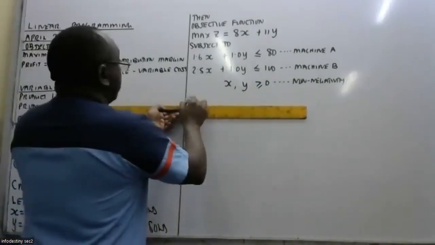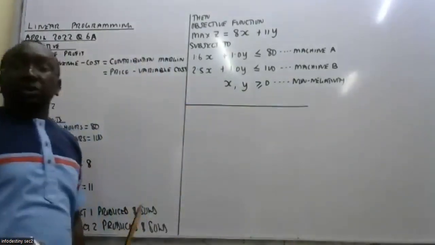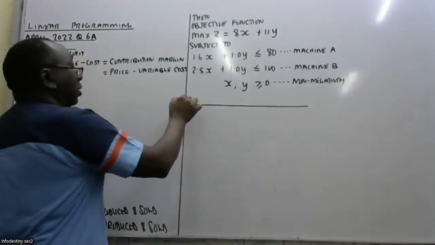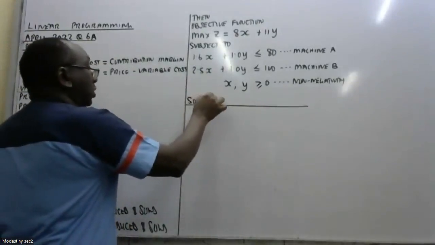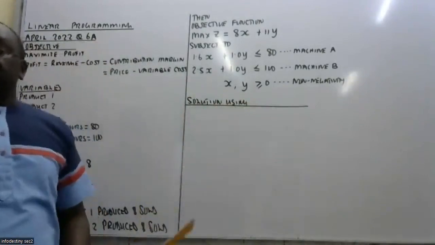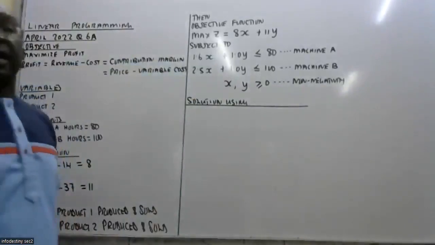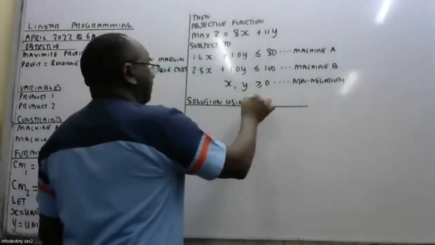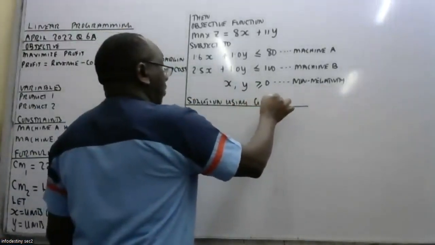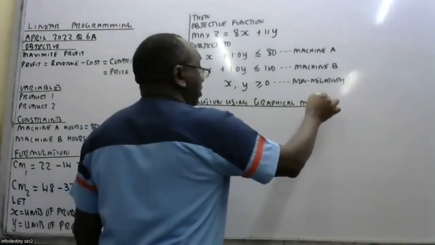Then after you formulate, you provide the solution. I have told you we have 2 methods: the first is called graphical, the other is called simplex.